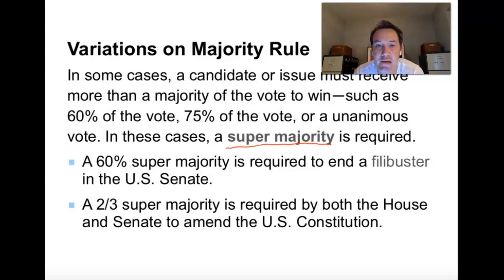Filibusters are a hot topic in politics right now, and we'll define what that means. And a 2/3 supermajority, so about 67%, is required by both the House and the Senate to amend the Constitution. So supermajority is just a generic term that means more than a majority, and it could be various values above a majority.